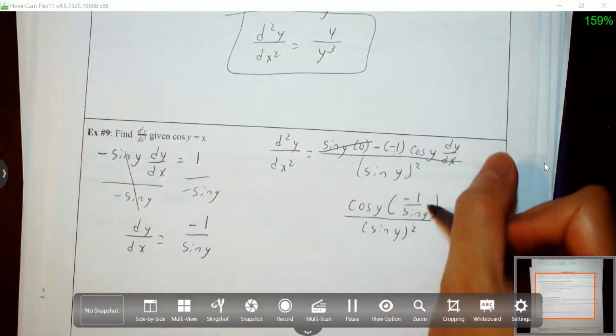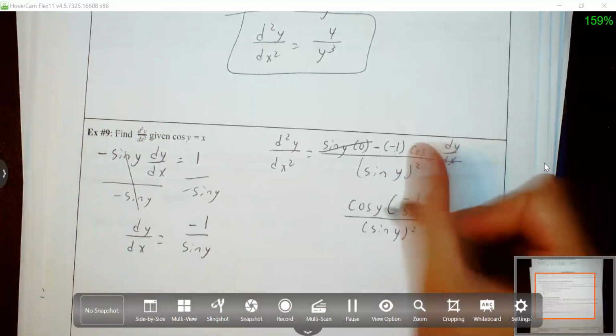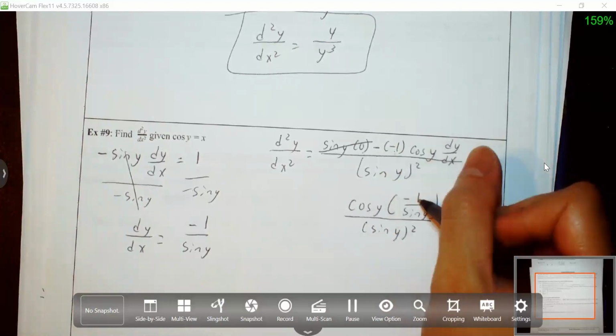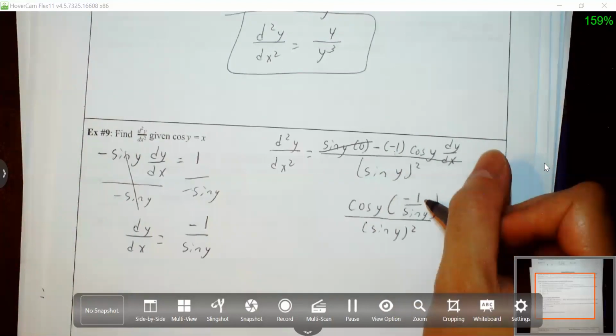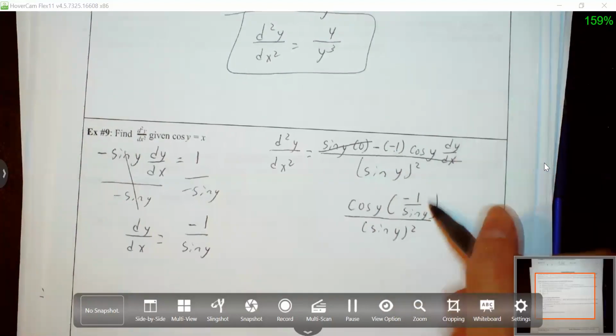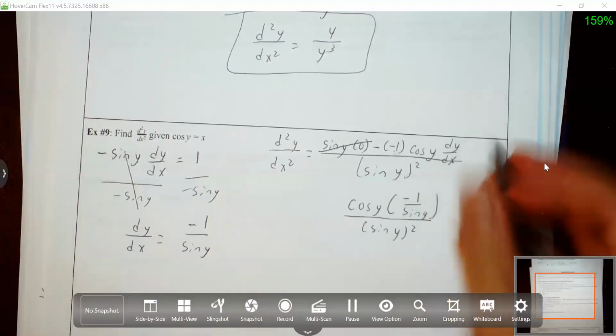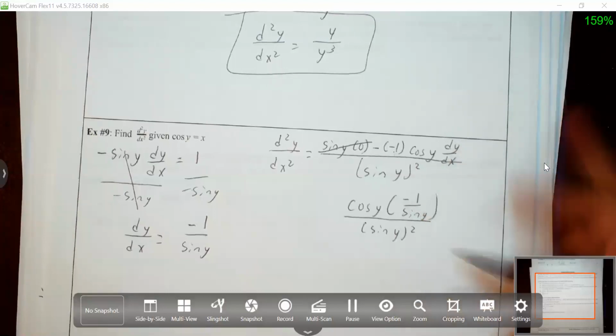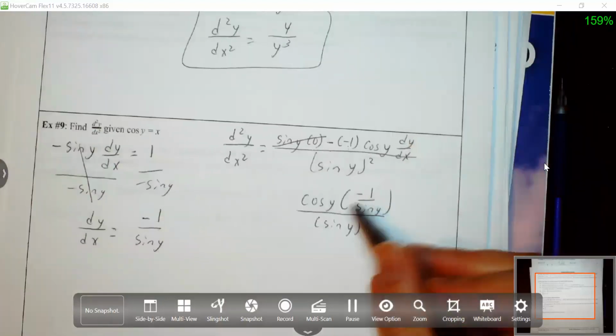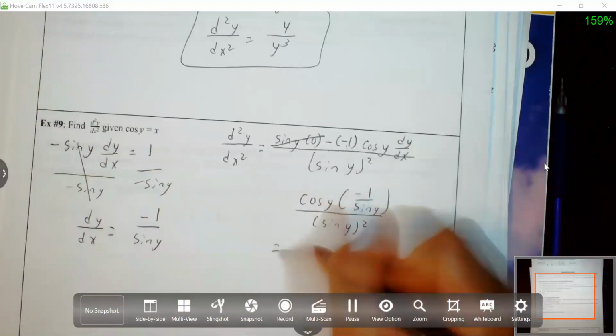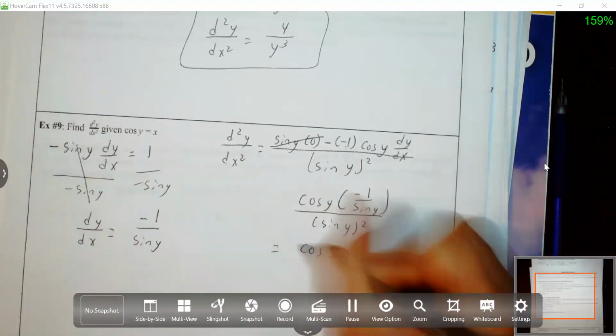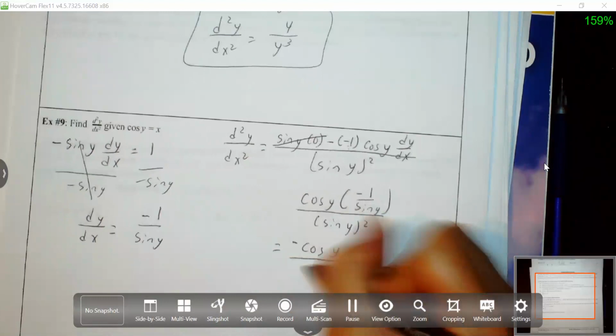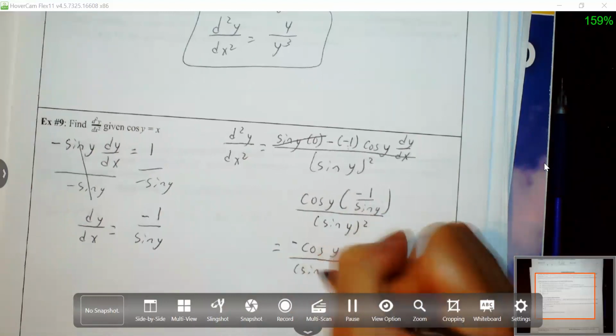Now, if I have cosine y times negative 1 over sine y, what's happening here is this is really negative cosine y over sine y to the third.